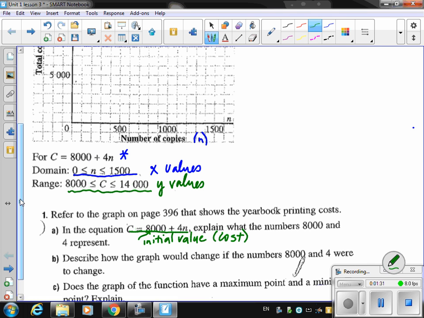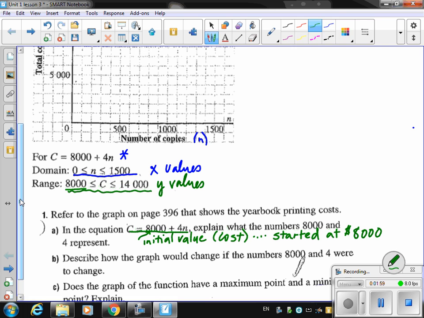So it's going to cost us at least $8,000, and that makes sense when we look at our range, 8,000 being the smallest. It means to get started, it's going to cost us $8,000. I don't know what that would be to set up the printer, whatever. Started at $8,000. And then it's going to go up from there depending on how many copies.